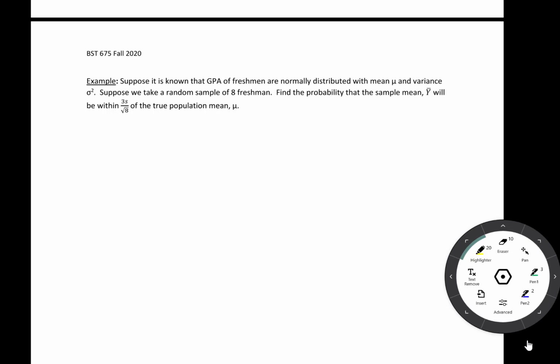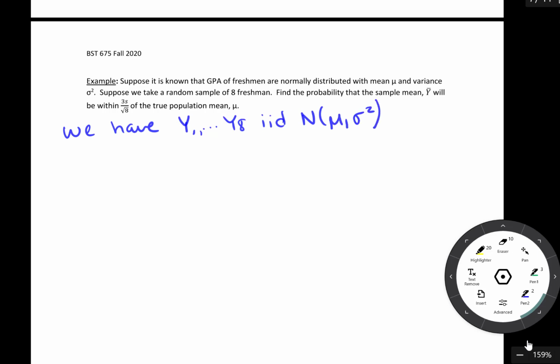So for this particular example, we have that y1 through y8 are IID normal mu sigma squared, and we want to find the following probability.